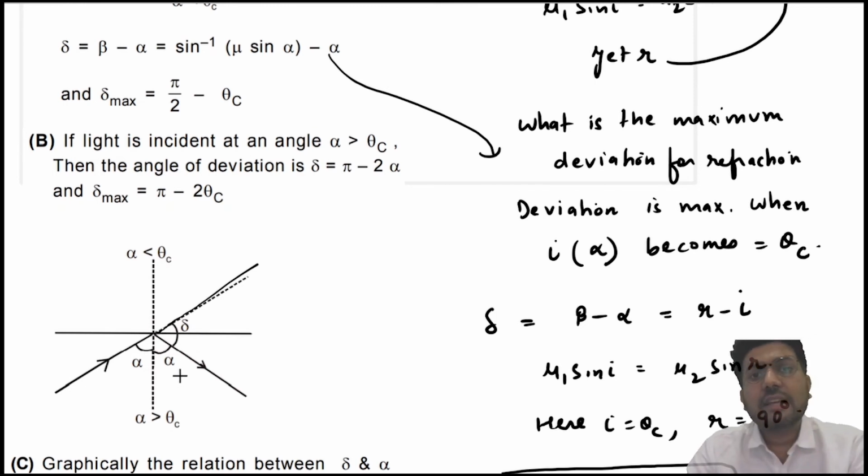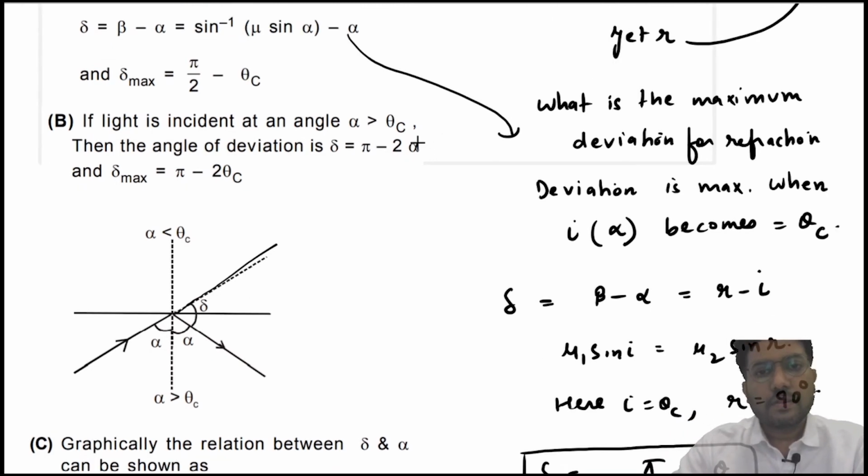Now in this case, what is the maximum deviation? You know that the deviation is maximum when alpha is minimum. Now the minimum alpha here is theta c. That is why the maximum deviation can be pi minus 2 theta c.